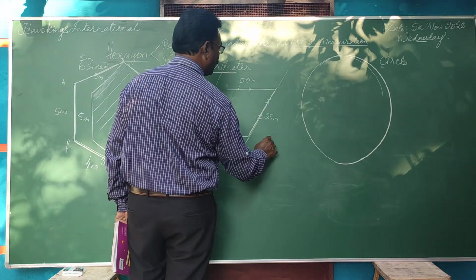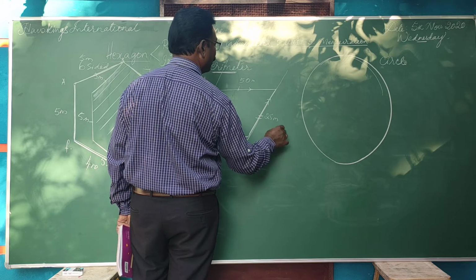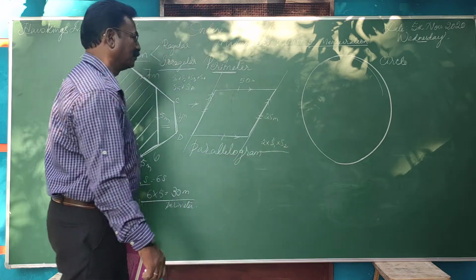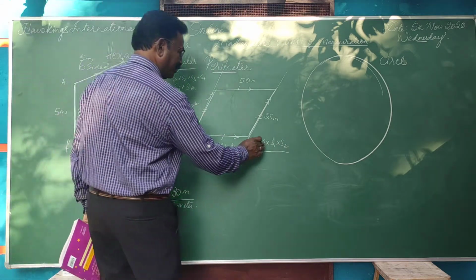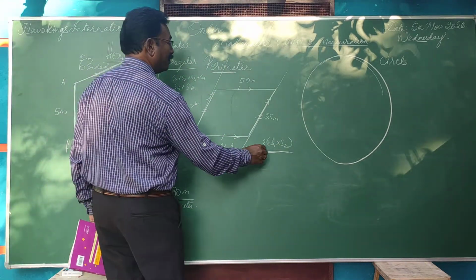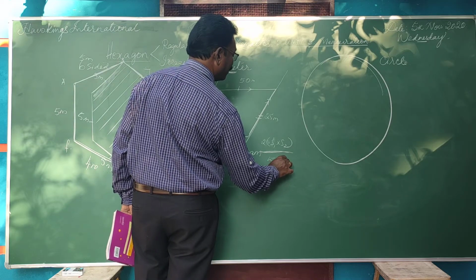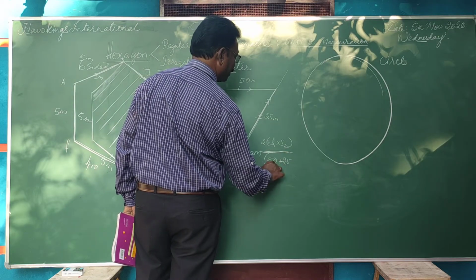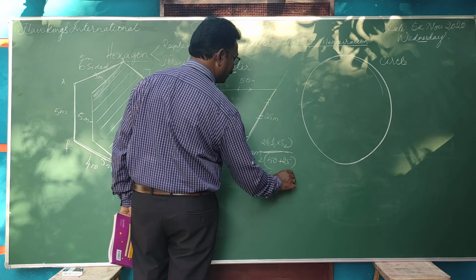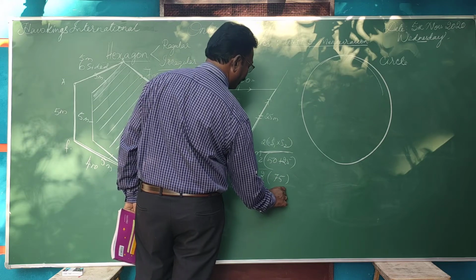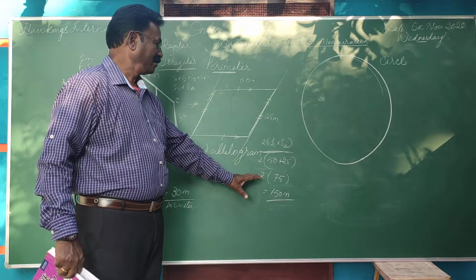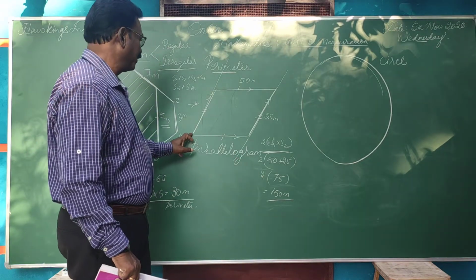So 2 into L into side 1 and side 2. What is side 1? 50 meters plus 25 meters into 2. 50 plus 25, 75 meters into 2 is equal to 150 meters. 150 meters is the perimeter of this parallelogram.